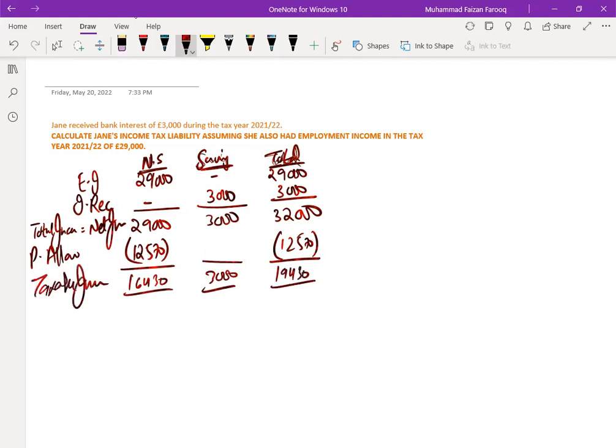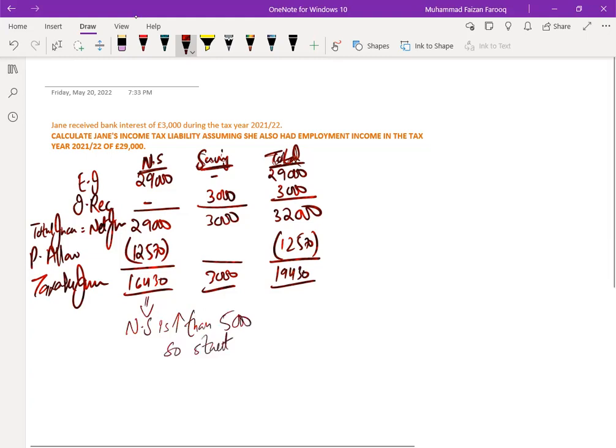On taxable income, we are going to apply tax, right? Now, see what I am writing: non-savings is higher than 5,000. So, do we have a start band? No. We will not have a start band because the condition is not satisfied.